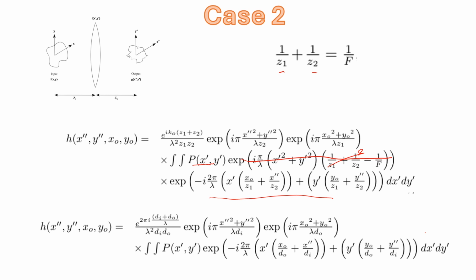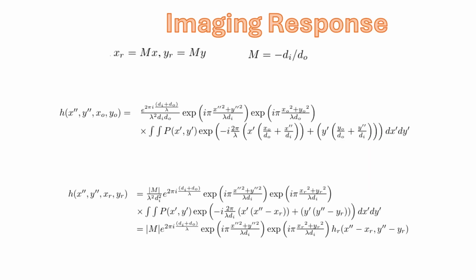Now we can simplify this system a little bit by working in reduced coordinates, where we notice that we have this somewhat complicated term in x naught over the object distance and x double prime over the image distance. We would like to get rid of the scaling factor between x naught and x double prime, so that we can represent this transformation as a convolution with an impulse response. And we're partially successful in doing that.